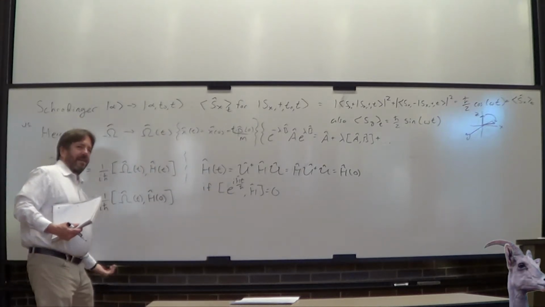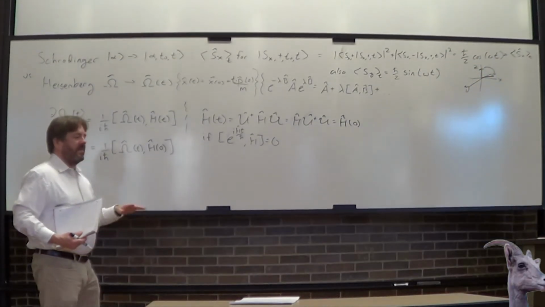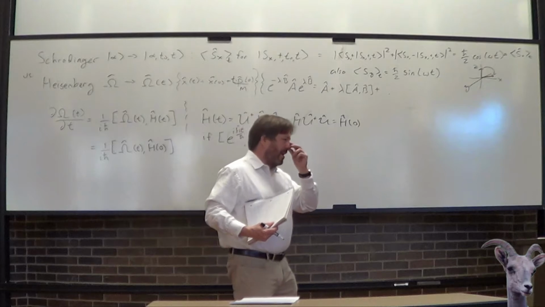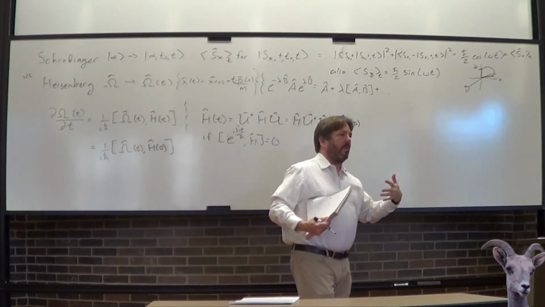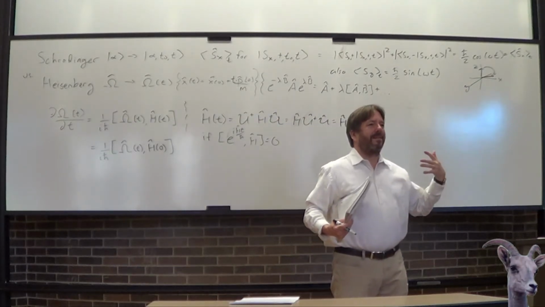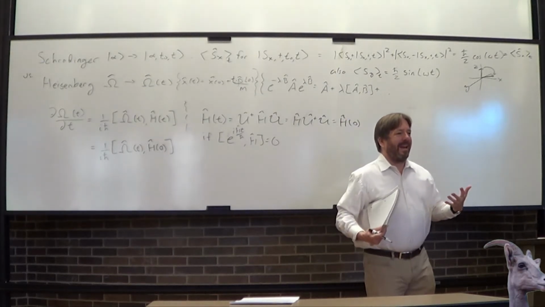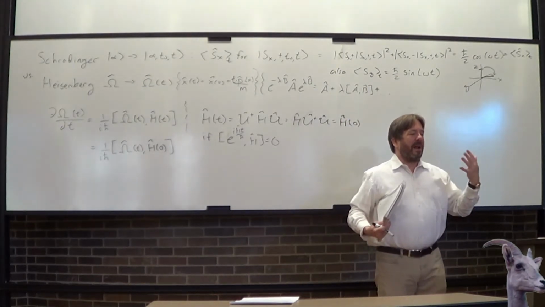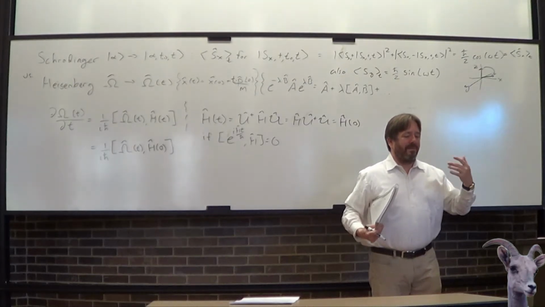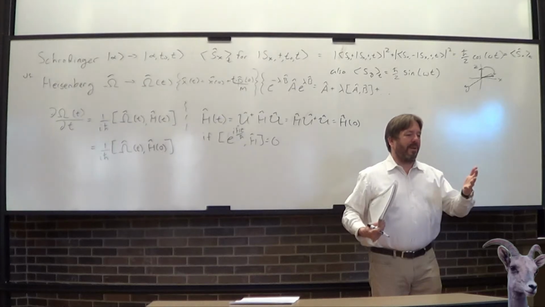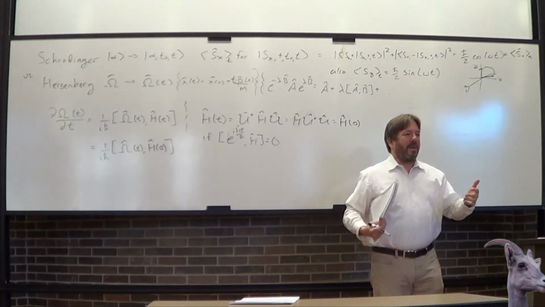So I appreciated that. It's just funny. It kind of bothers me how we worked out the time-dependent Schrödinger equation using the operator, and I said the time evolution operator is 1 minus i Hamiltonian t over h bar.